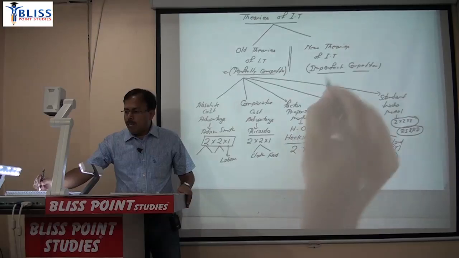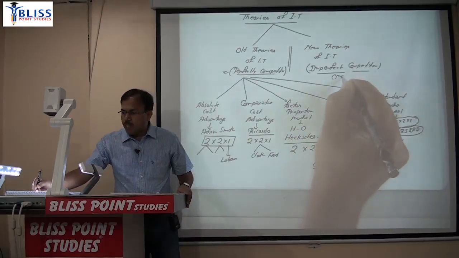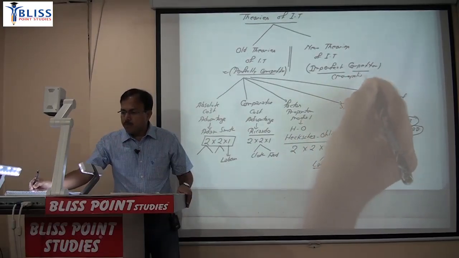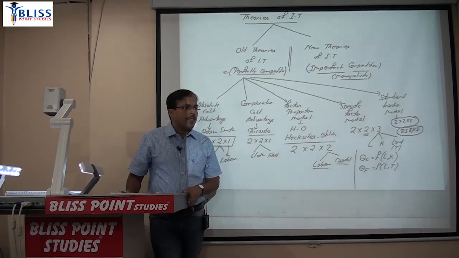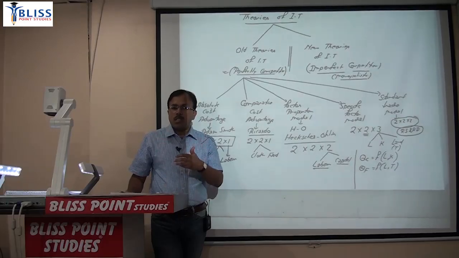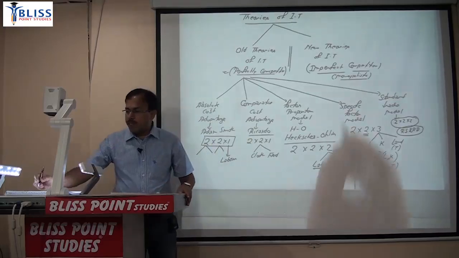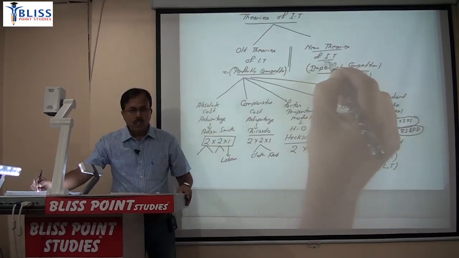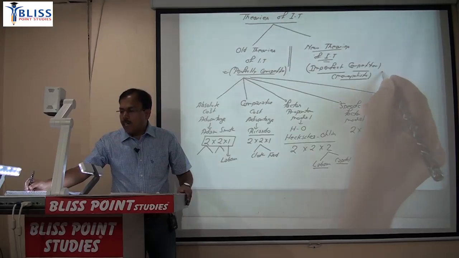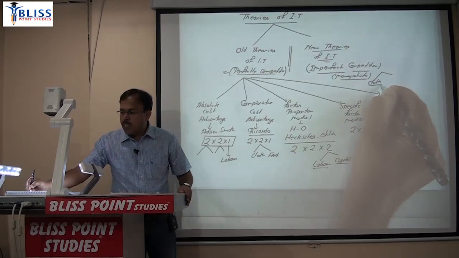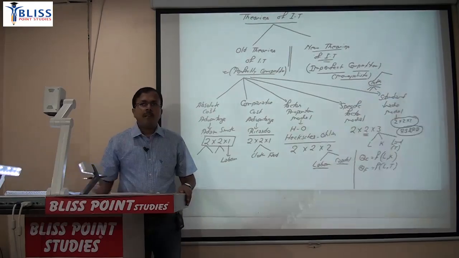But if the market is monopolistic in nature, then the product becomes differentiated. If the product is differentiated, it means they are not producing the same product, they are producing different products. So in the new theories of international trade, when we explain trade, if two countries produce cloth, they are not producing identical cloth, they are producing different varieties of cloth.